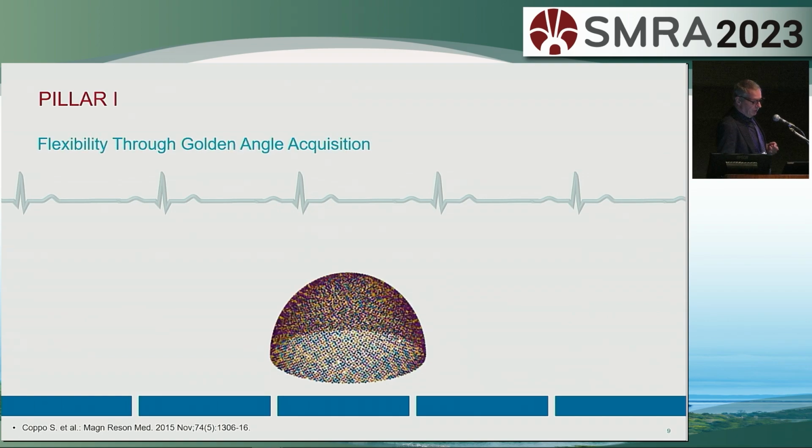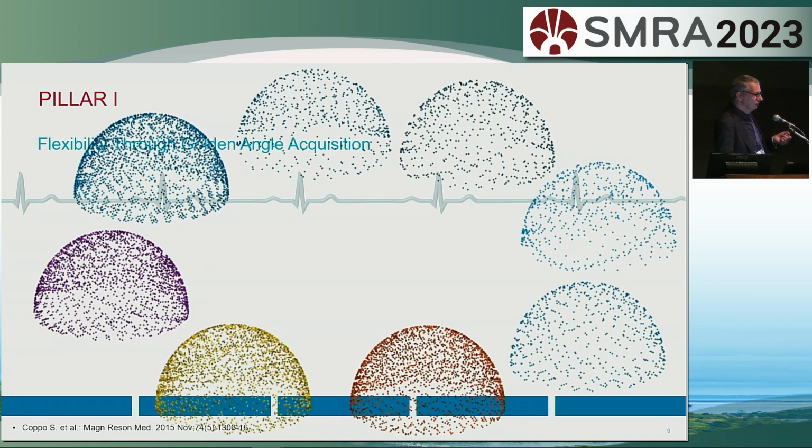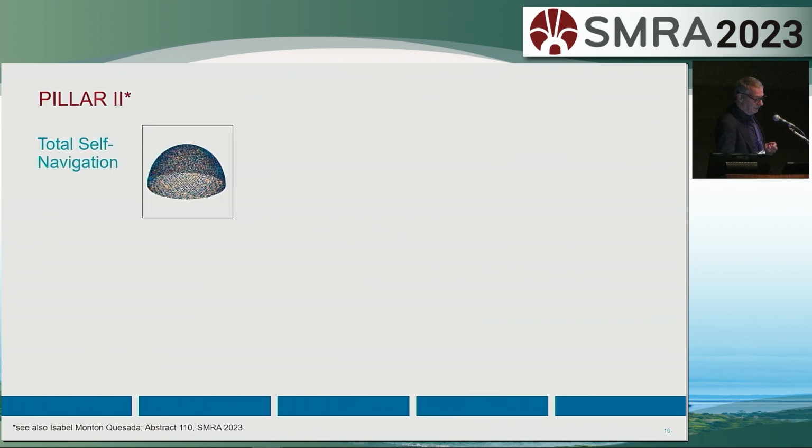Okay, once you're done with this, and of course because of this golden angle scheme, if you then tease out different subsets of data as shown here, then every single individual k-space is rather uniformly sampled, which is a very, very useful characteristic of this approach, which you would never have with the Cartesian technique.